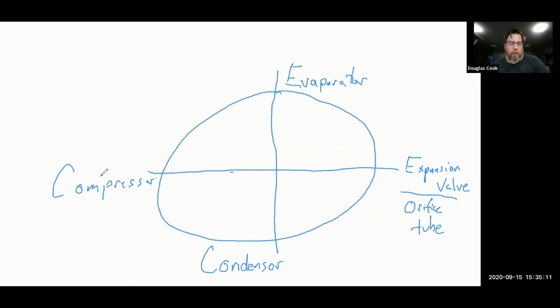But let's start over here at the beginning where I started, the compressor. Just like its name says, it's a compressor. Just like an air compressor we have in the shop, it increases pressure. So if we know what a compressor does, then we know going in is going to be low pressure. Coming out should be high pressure.